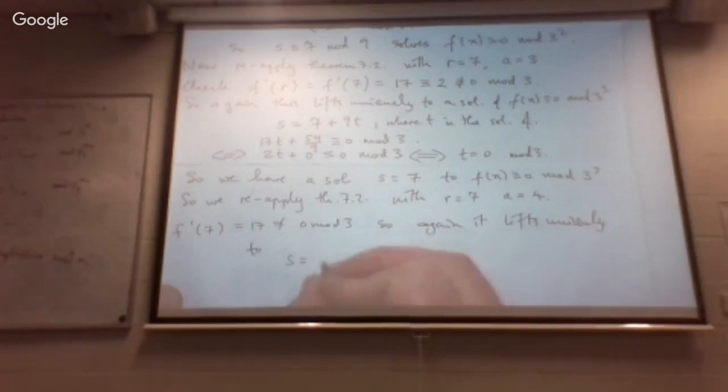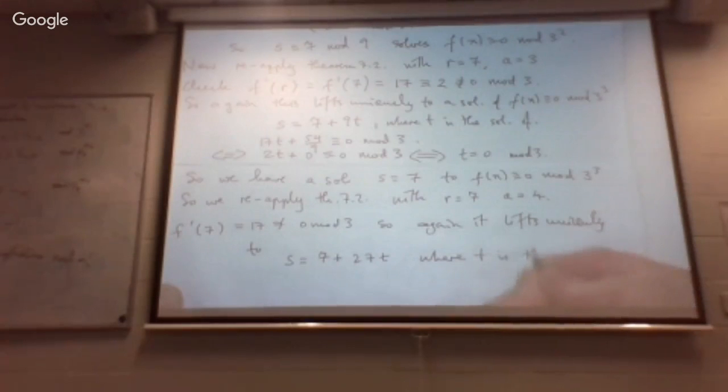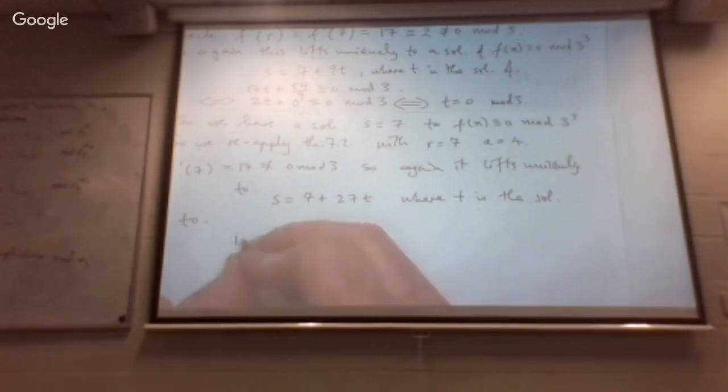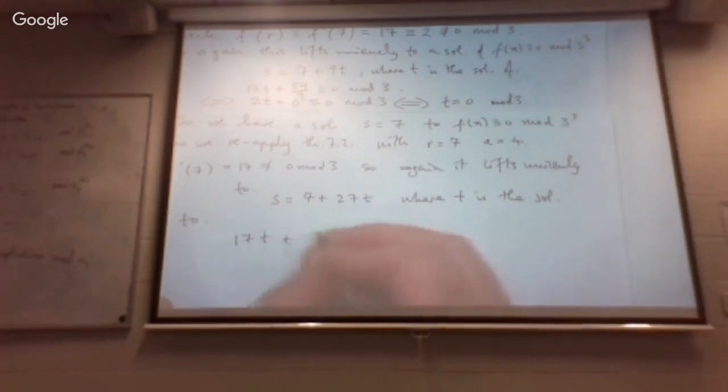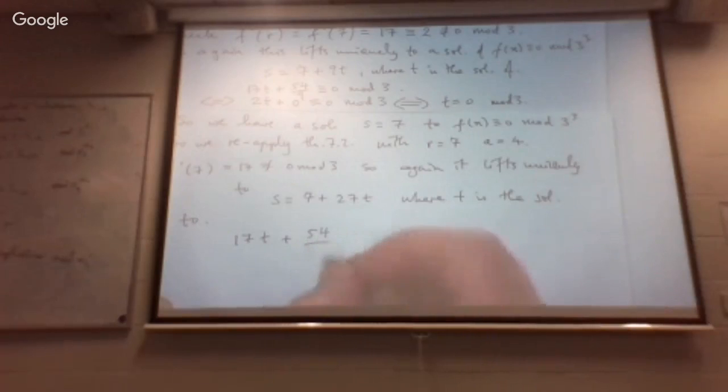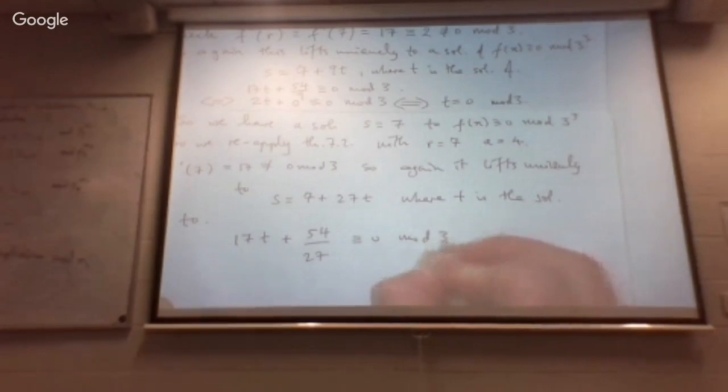To a new solution S, which is going to be 7 plus 27 times t, where t is the solution to our t equation now: 17t, that's the value of the derivative times t, plus the value of the polynomial at our intermediate solution 7, which is 54, this time divided by 27, congruent to 0 modulo 3.